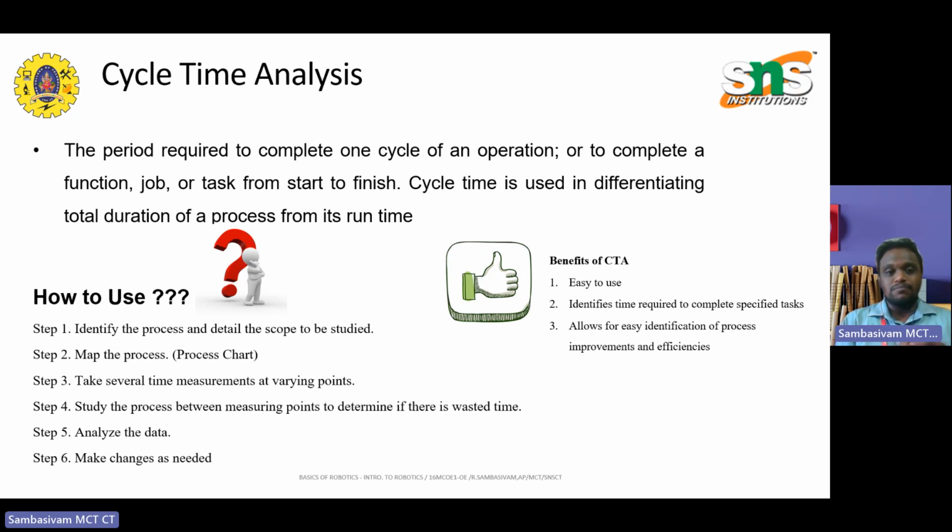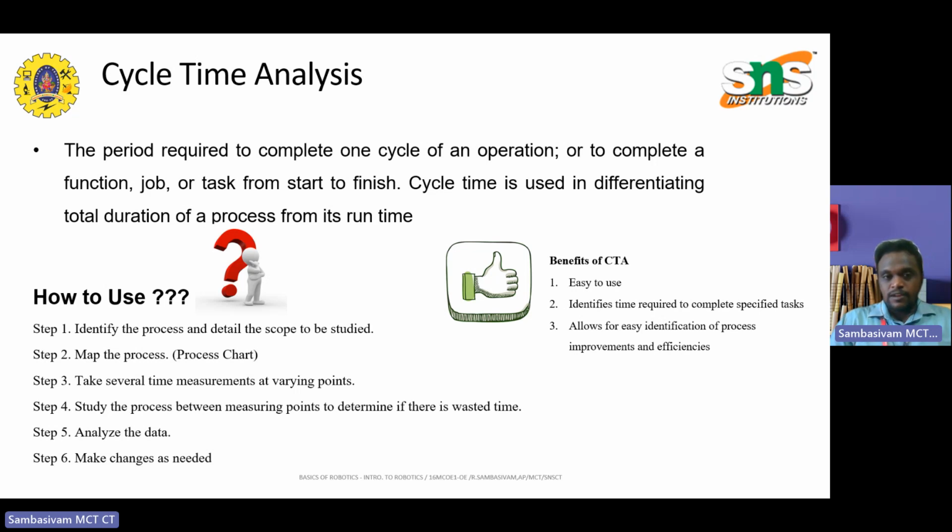What is the main purpose of this robot cycle analysis? It is nothing but how effectively the robot is used. It is a process we can easily use to identify the time required to complete specific tasks in several manufacturing processes, like one product being made into several products.